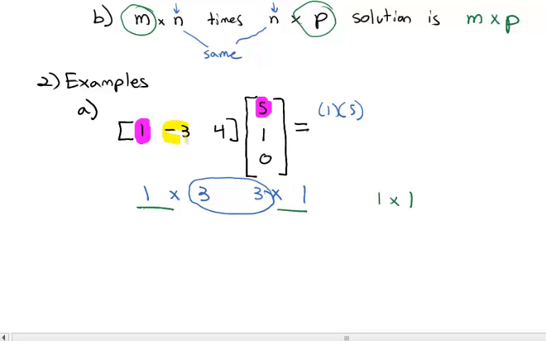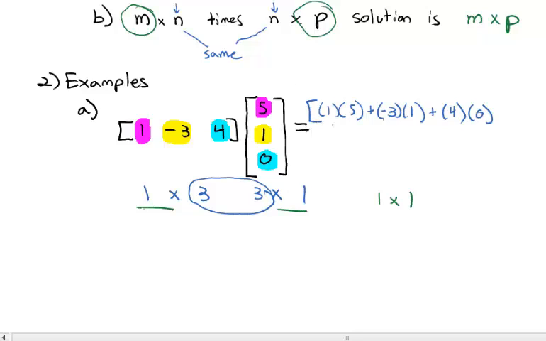Then we're going to take the second entry and the second entry. That's going to be plus -3 times 1. Then we take the third entry times the third entry. That's going to be 4 times 0.